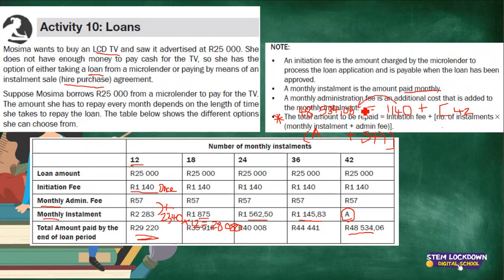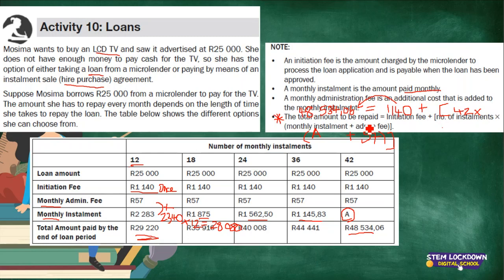Then you need to remove these brackets. You can see that 42 is multiplied by this bracket. The opposite of multiplication is division, so when 42 goes to the left hand side, you will divide it.